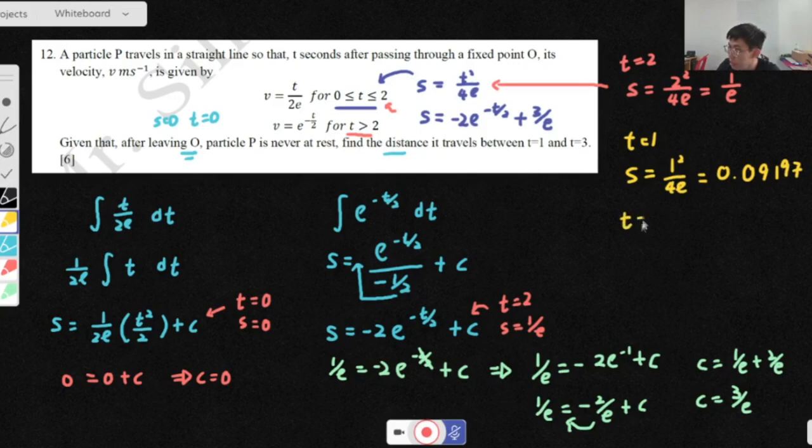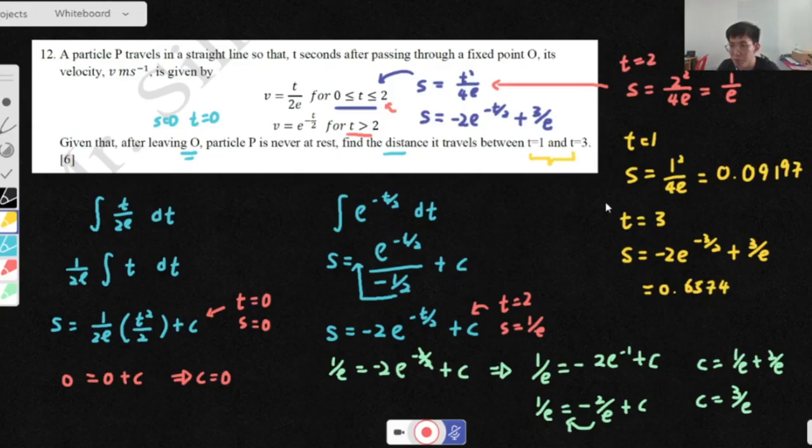And when t equal to 3, I use the second equation, minus 2e to the negative 3 over 2 plus 3 over e. Adding them up, I get 0.6574.